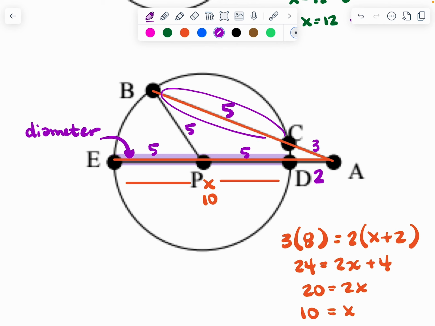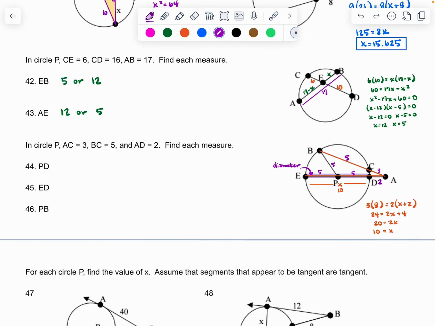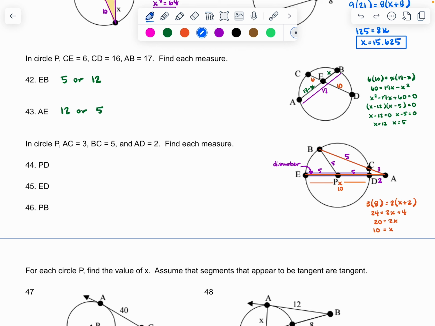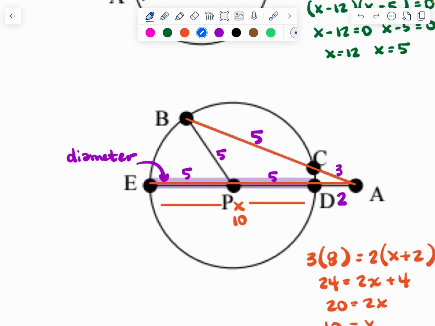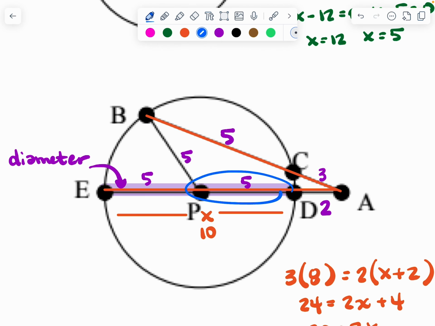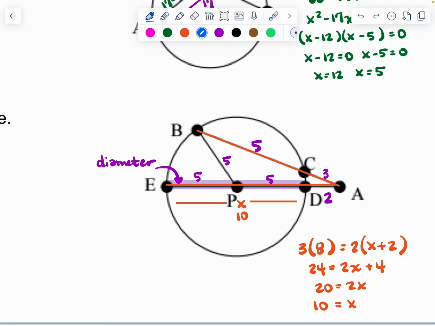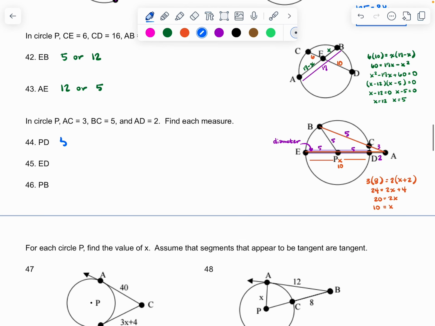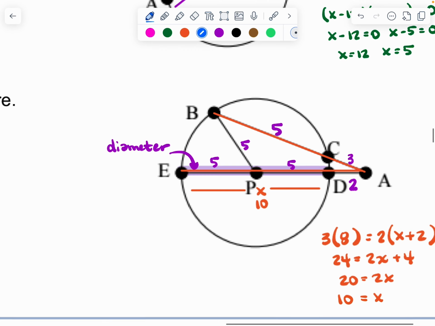Now, I know this says 5, and that doesn't look like it's 5, but just roll with it because it's just not drawn to scale. All right, so let's see if we've answered any of these questions. The length of PD. Oh, look, that's one of our radii. So 5. ED, well, that's what we solved for.